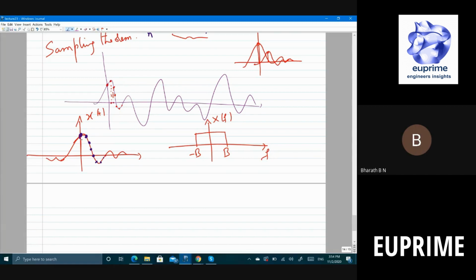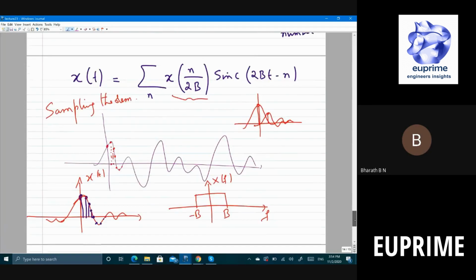Using these samples I can reconstruct. How do I reconstruct? I put a sinc at each place and add them. Interestingly, in this case I get another sinc. Is this fine? I can try it out. I can again write a program for this and see what the coefficients will be.